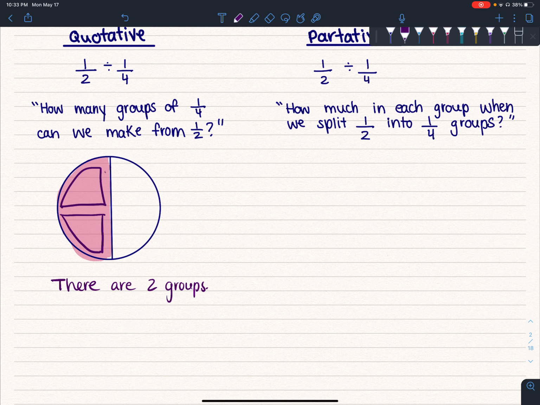What this is actually asking us is what number, or what amount, I guess we can say, is a half the quarter of?